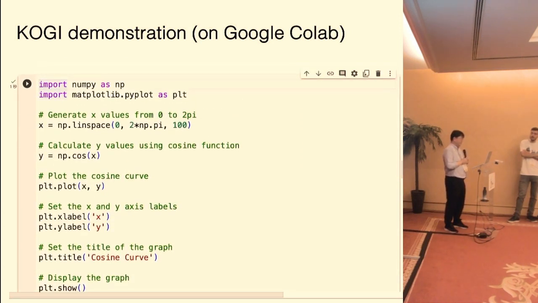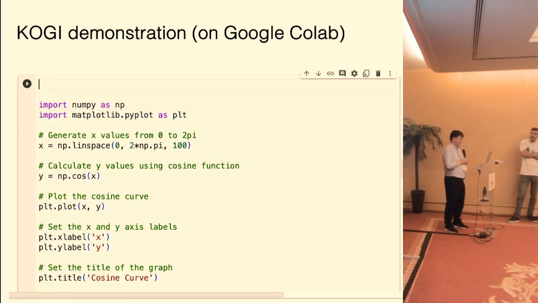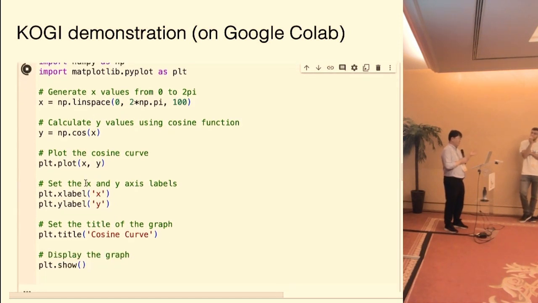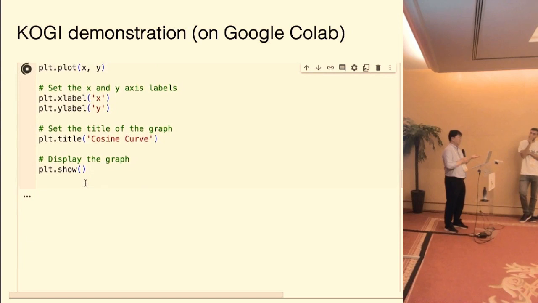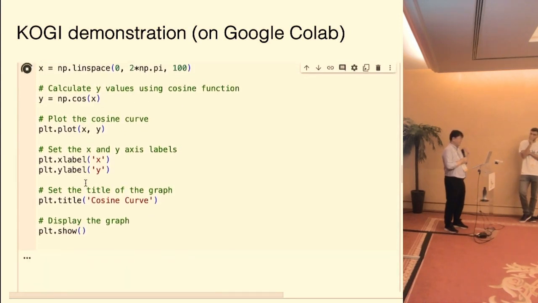Also, students may want to change things, like: please change the blue line to red. And KOGI detected the natural language in the code and sent it to ChatGPT.